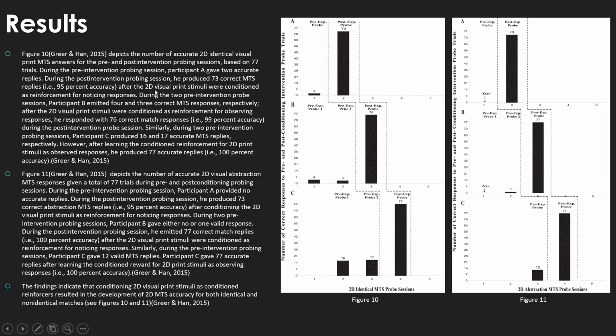During the two pre-intervention probe sessions, participant B emitted only 4 and 3 correct MTS responses. After the 2D visual print stimuli was conditioned as a reinforcer for observing responses, he responded with 76 correct match responses, that is 99% accuracy.